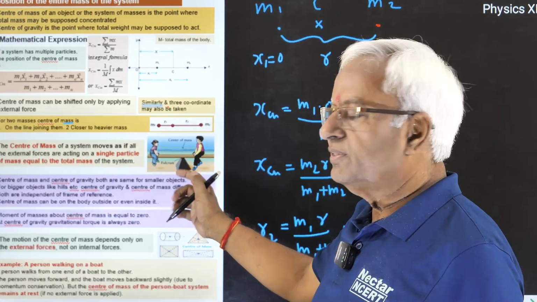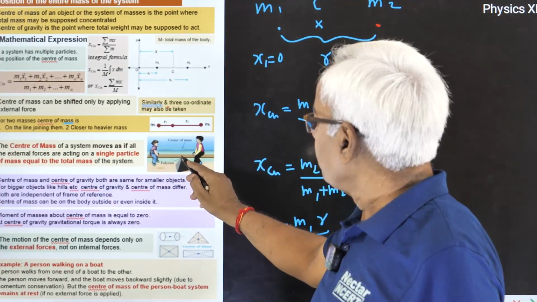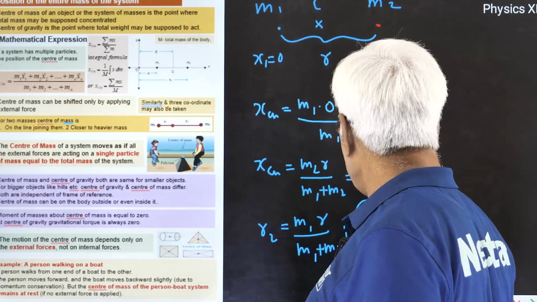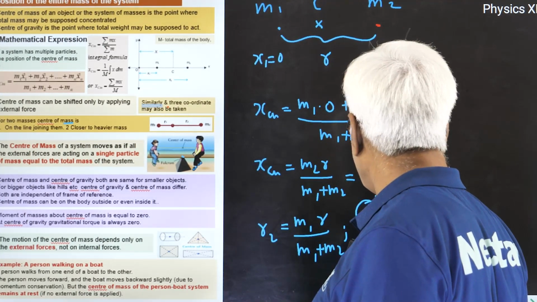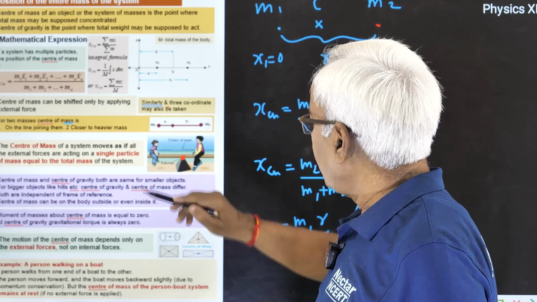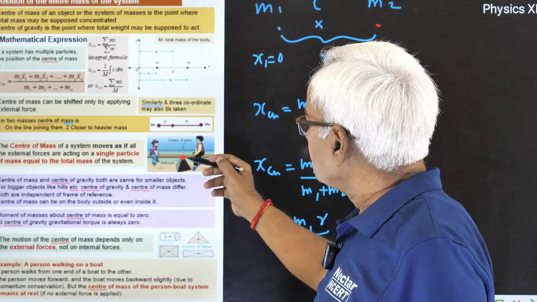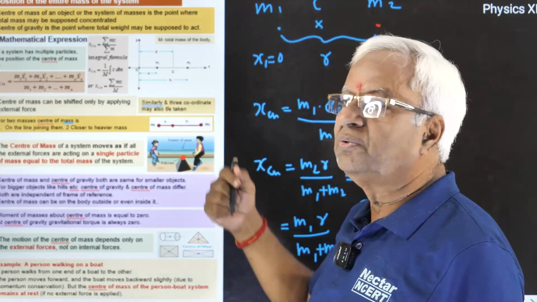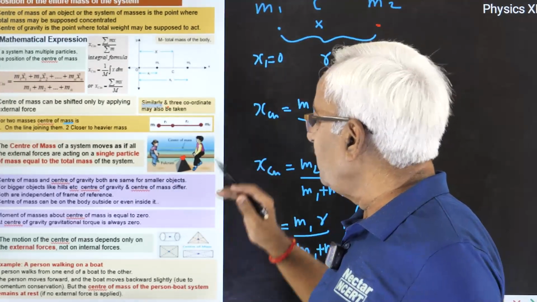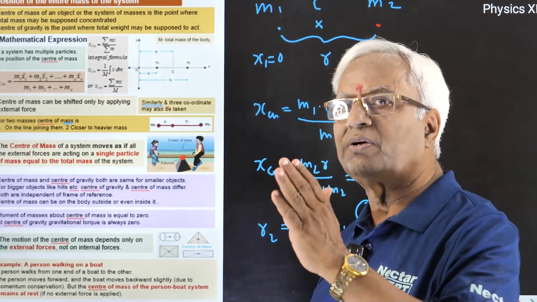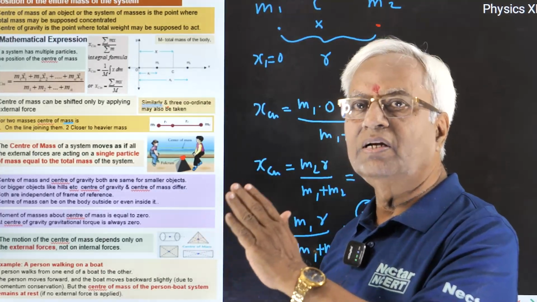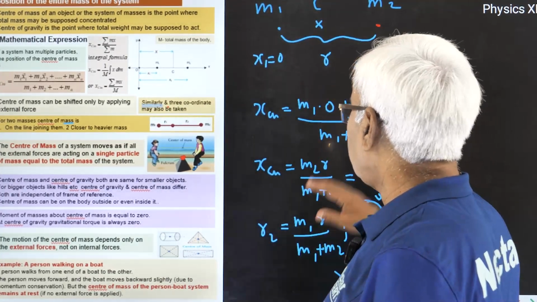We have shown here, this is CM. CM here is obviously on this axle. This person is heavier, so he is sitting closer to it. Because we know CM has to be closer to the heavier object.